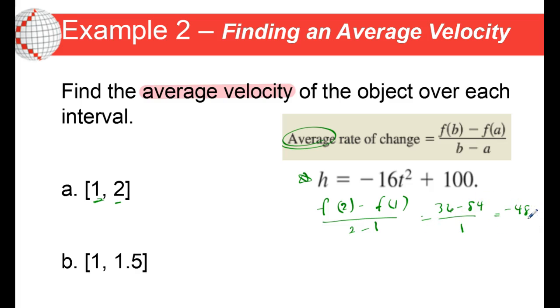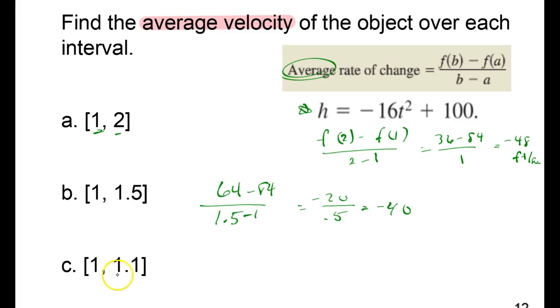The negative just tells you that it's falling, negative 48 feet per second. And then you could repeat that process for part B and get 64 minus 84 over 1.5 minus 1, which is negative 20 over 0.5. You can see I'm getting a little bit more accurate. So instead of negative 48, I'm at negative 40.